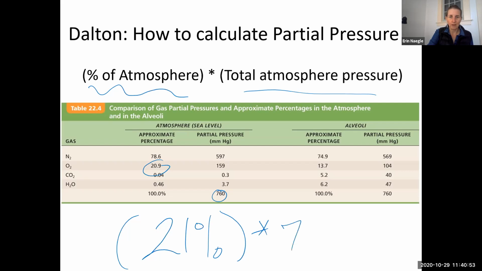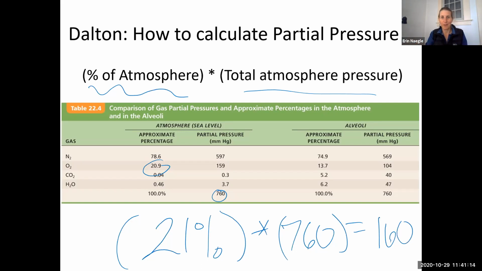So we multiply those two things together, and then you get the partial pressure of oxygen in the atmosphere. When you do that, what do you get? I hope I have this memorized. The number in my brain, I think, is 160-ish. I'm not going to do the calculations right now, but okay, fine.